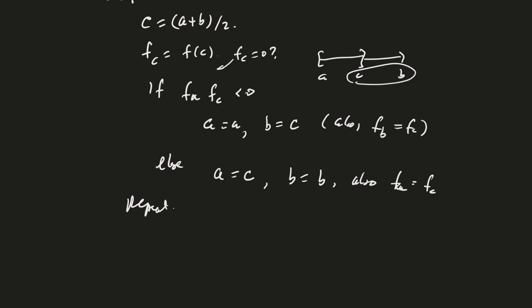So the thing we should be thinking about then at the end is, what should the stopping criterion be? And I've listed a couple of them. One way to do it would be to say that the size of the interval divided by 2, which is going to be at the end, right?